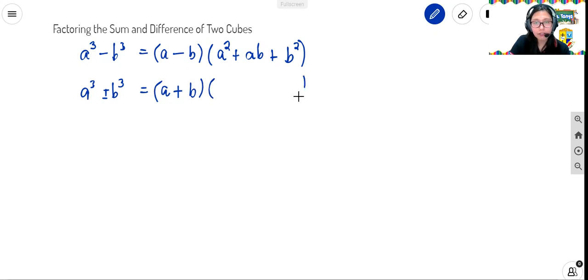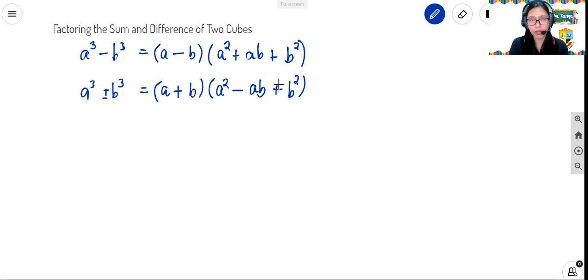And then for the second factor, it will still be the square of a, the square of b, and the product of a and b, so ab here.